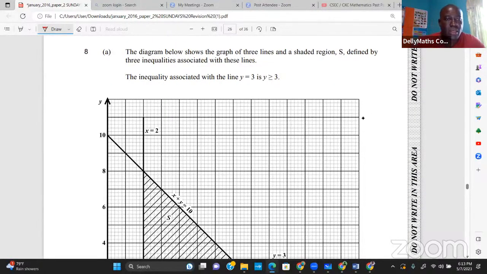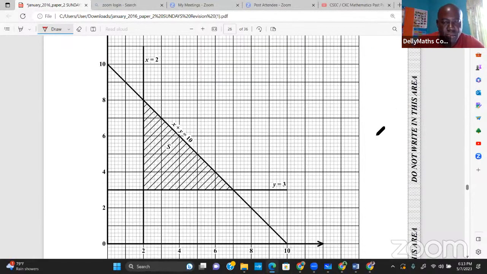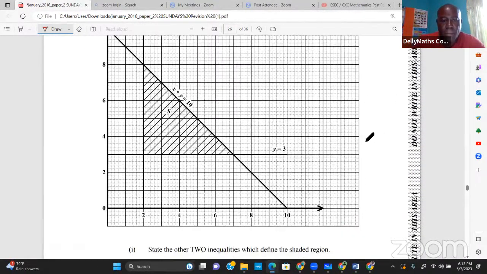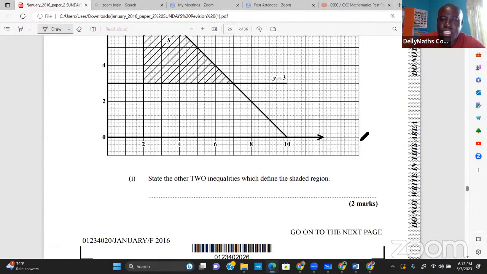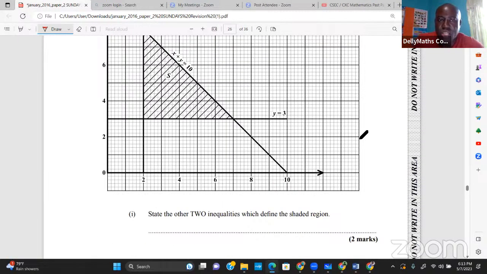The inequality associated with the line y equals 3 is y is greater than or equal to 3. So they're giving us some clues, right? Let's see what they want. Say the 2 inequalities which define the shaded region.